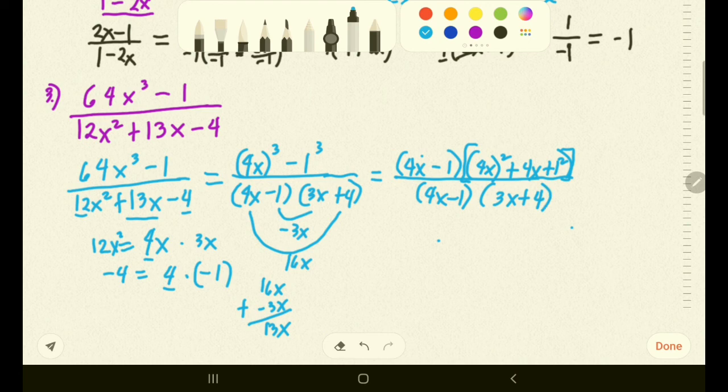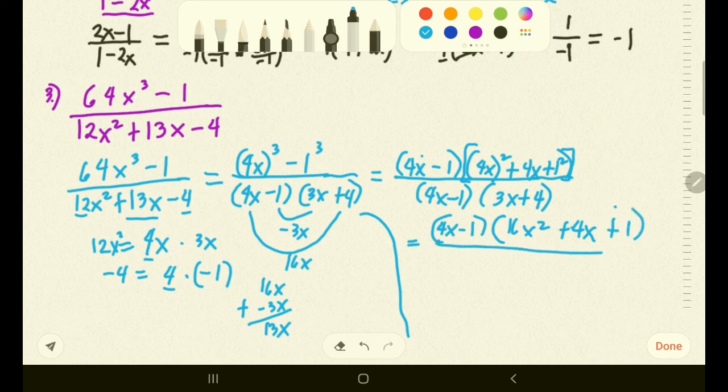Continue. 4x minus 1. Square of 4x is 16x squared, plus 4x, square of 1, that is 1, over (4x minus 1) times (3x plus 4).